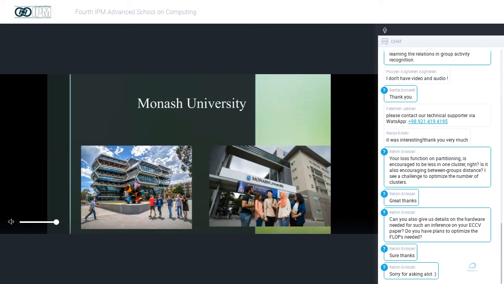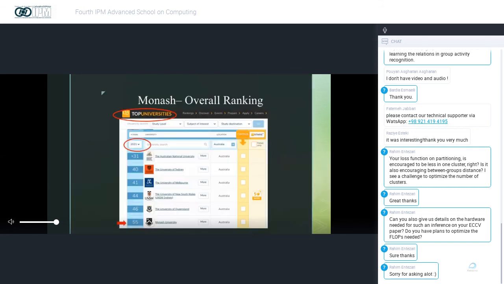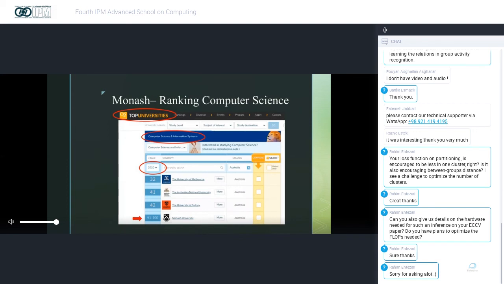For those who are interested in rankings, QS is a prestigious and very well-known university ranking website, and this information is for 2021. Monash University is in the top 6 in Australia and ranked in the top 55 universities in the world. Specifically, for computer science and information systems, Monash is a top 4 university in Australia.